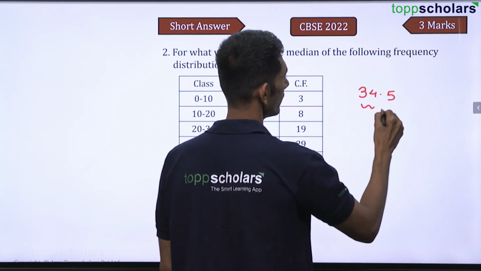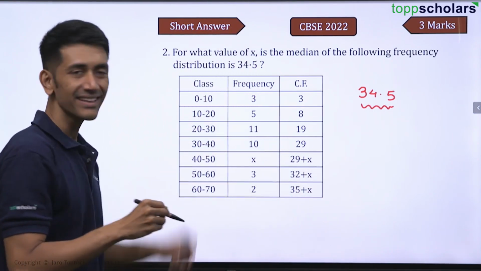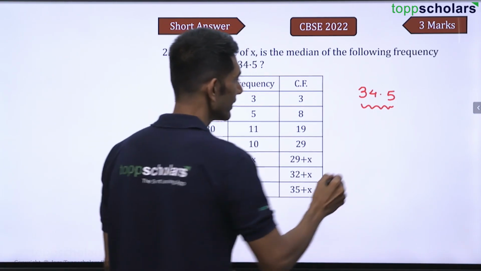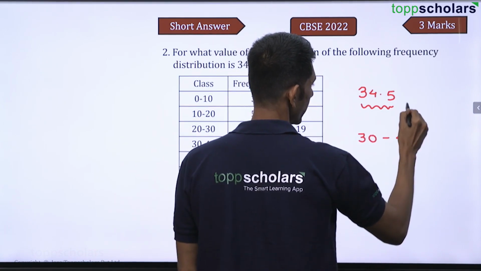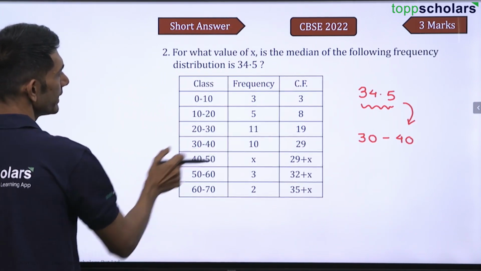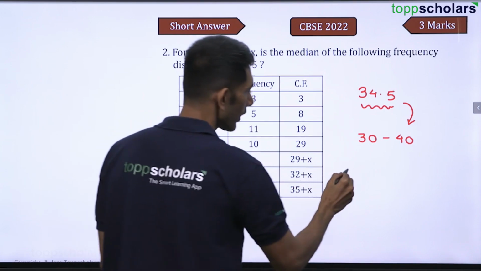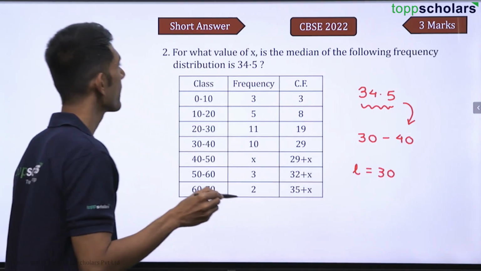So can I say I'll have the median class directly, that is 30 to 40. So 30 to 40 is my median class, where the lower limit of the median class is going to be 30. Okay, this we have identified.